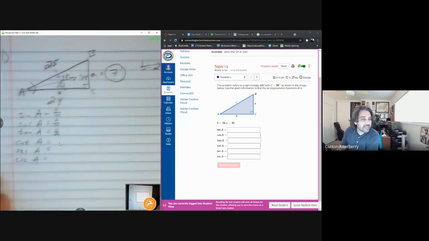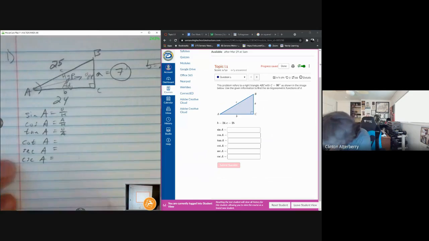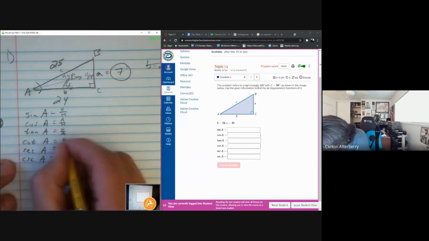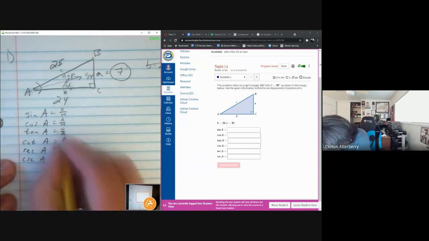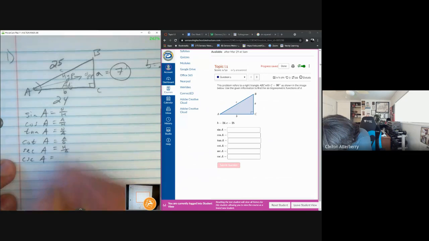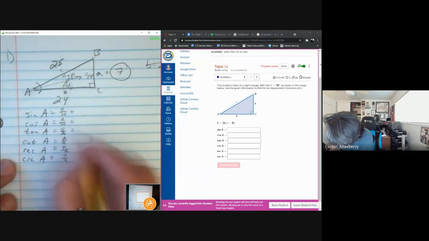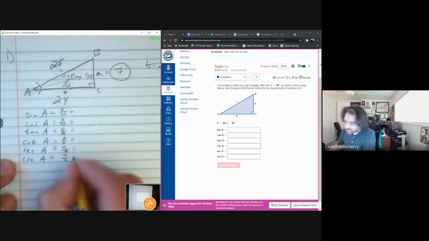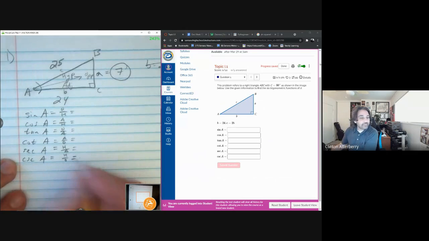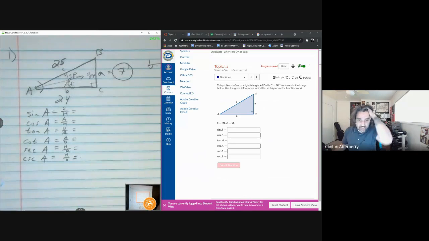And then they're going to want us to do the cotangent, which is this one upside down. Secant is cosine upside down. And cosecant is the sine upside down. So now it's basically set up the fractions and move on.